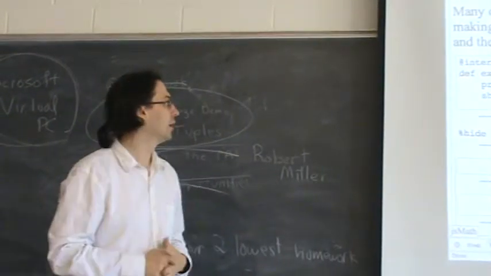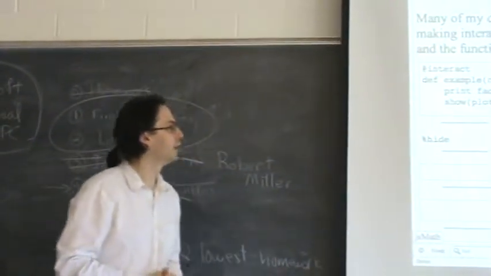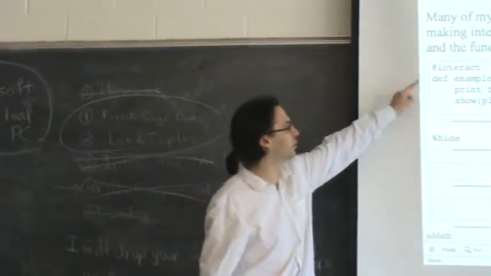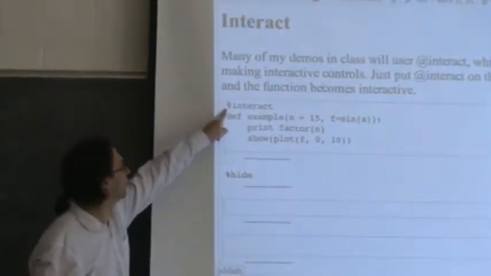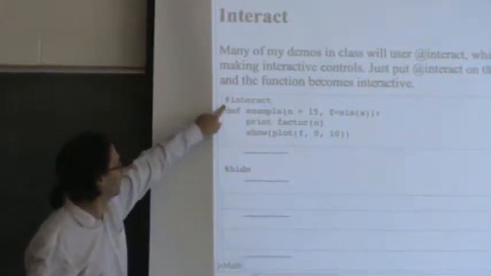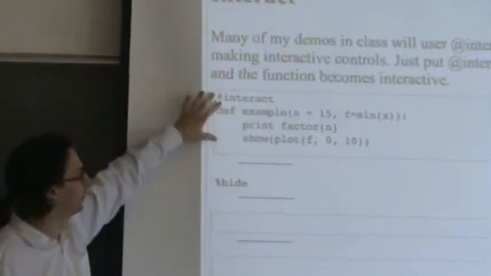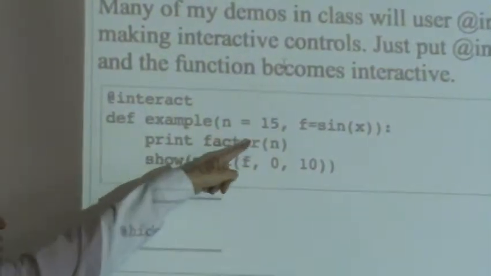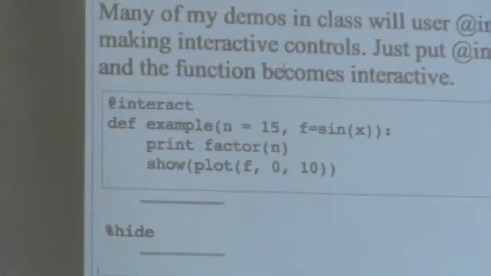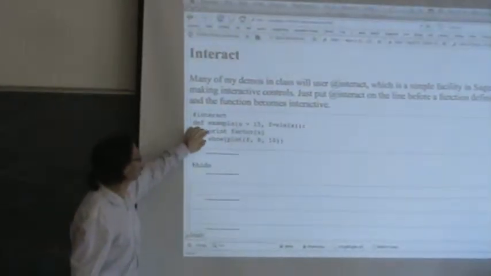And Sage now has a very similar functionality called Interact, where you define a Python function, and all you do is you put @interact right above it, and it makes the function interactive in that you have some widgets that allow you to change the inputs and see what output you get. So what I've done here is I've defined a sort of ridiculous function.